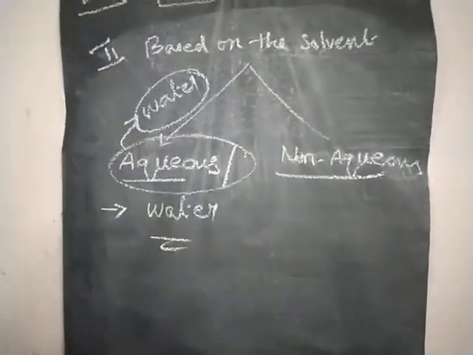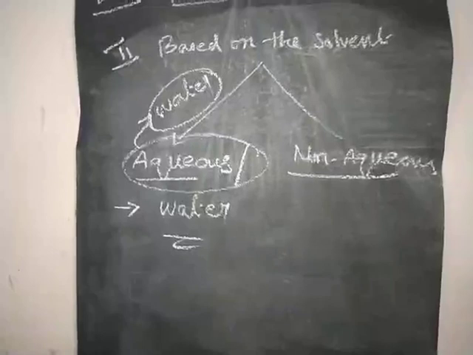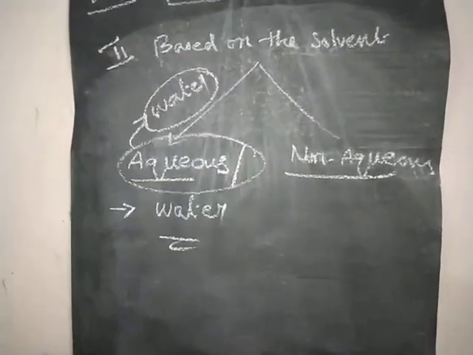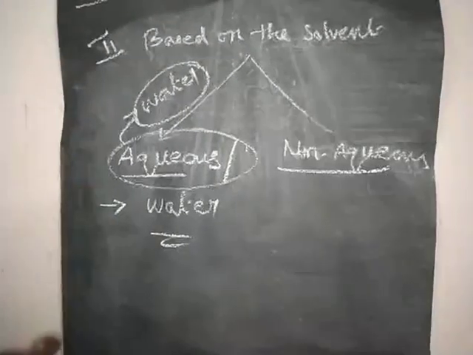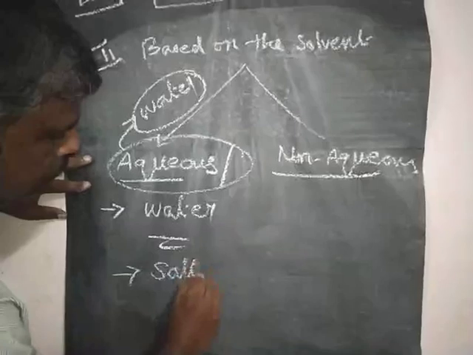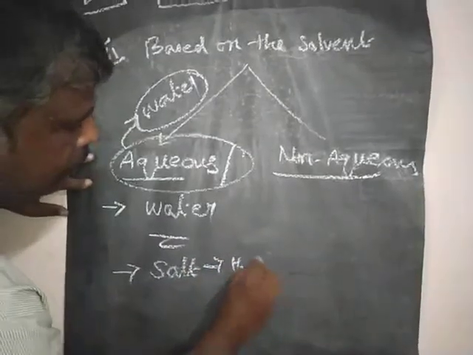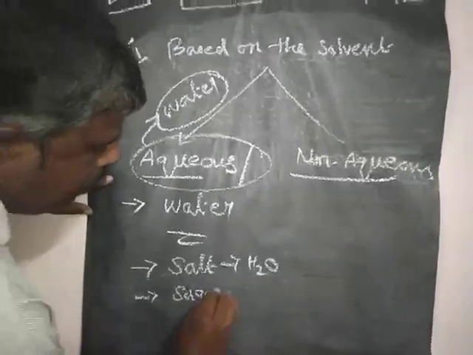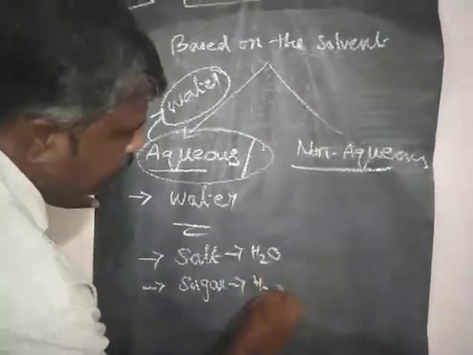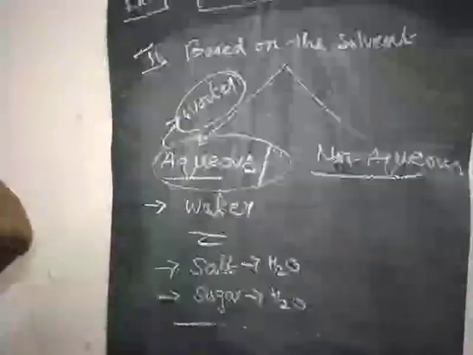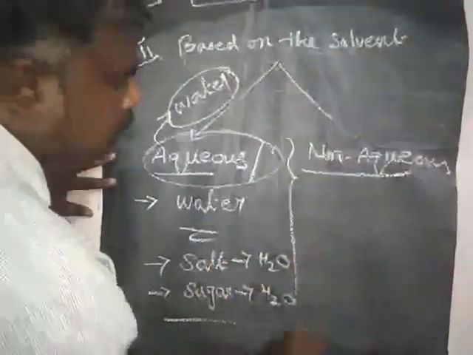Examples: common salt dissolved in water, sugar dissolved in water. The solution in which water acts as a solvent is called aqueous solution.